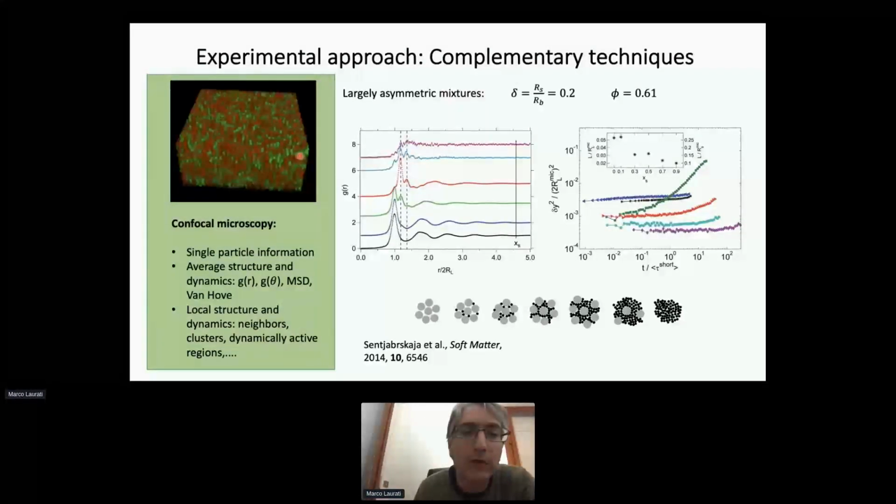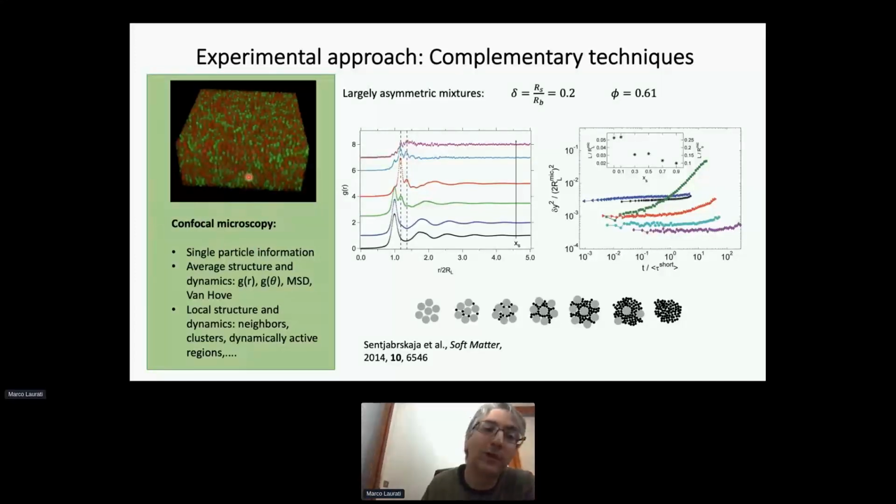So first of all, I would like to show you what you can learn when you investigate the systems with confocal microscopy. This is possible when you can label the components of the system with fluorescent dyes.